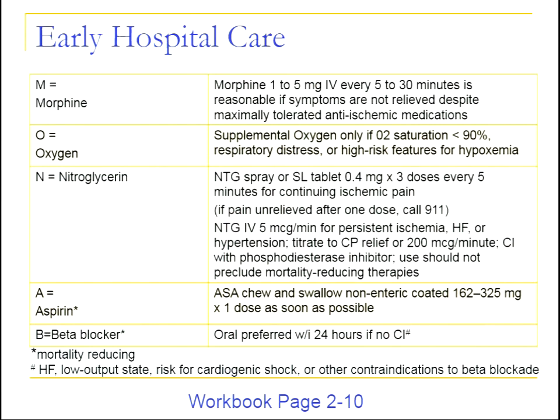You need 162 to 325 milligrams when they first present, regardless really if they've been on aspirin before. And then patients will receive nitroglycerin, either sublingual, the spray, ointment, or maybe even a nitro drip if they're still complaining of chest pain. Most of the time we'll put on an anti-ischemic therapy such as a beta blocker. Oral beta blocker therapy is generally what is preferred.